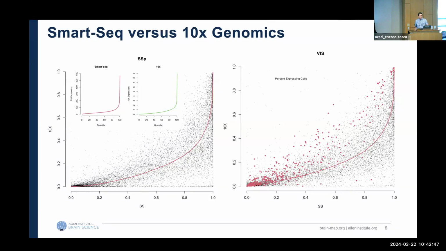You can see the variability here is quite tremendous. These are putatively profiling the same genes expressing in these regions, but there's a great deal of variability. Sure, it is true that higher in SmartSeq, in other words more cells expressing in SmartSeq, does tend to be higher in 10x, but there's a very nonlinear relationship there. And so this is kind of a problem.